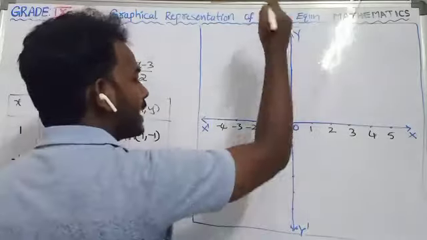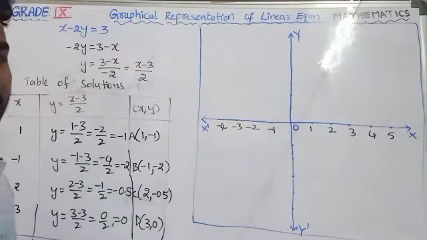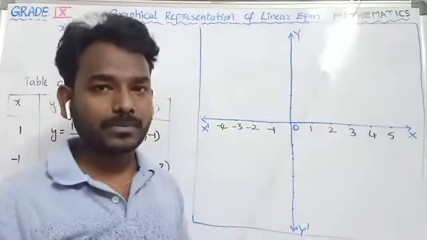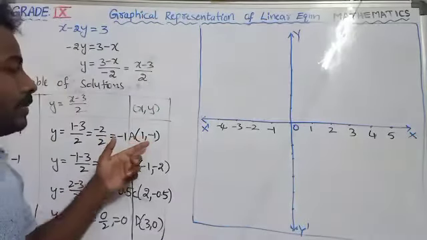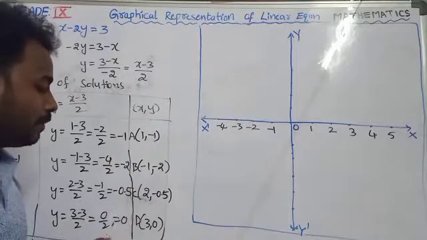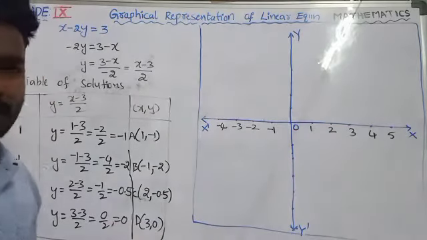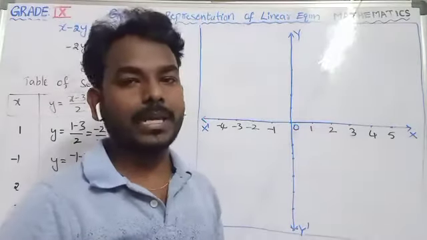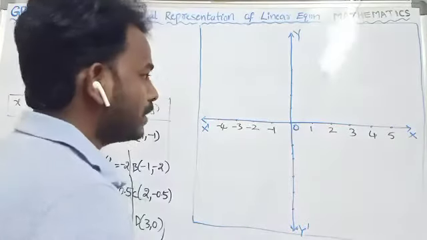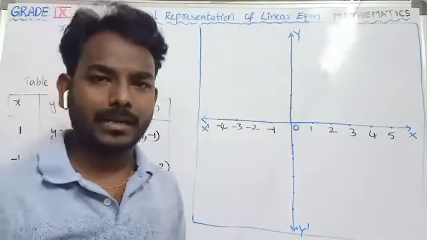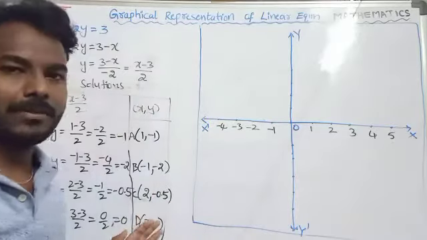Coming to the y-axis, whenever you want to write the numbers on the y-axis, you check out the y coordinates of the solutions. What we have are -1, -2, -0.5 and 0, which is less than 3 only. So here also we can take 1 centimeter equals 1 unit. Try to take 1 centimeter equal to 1 unit whenever you have values less than 5 or less than 10.